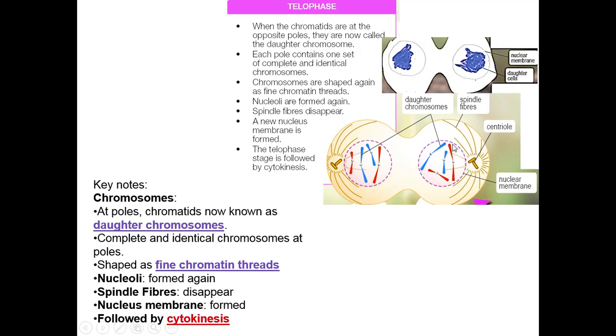It is in the form of chromatin like this, not existing in the form of 4 arms like before. Alright, so at the end of the process, 2 daughter cells will be produced, where at the middle here, the cleavage furrow forms. Cytoplasmic division will occur, which is the cytokinesis.